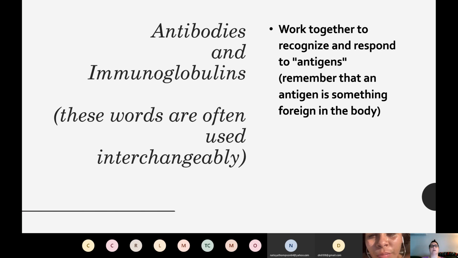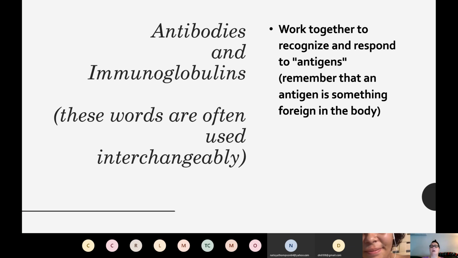When I was a little girl, I never had a great immune system. I had to go get shots, and they were called IgGs, and they stand for immunoglobulin something or another. I don't remember, but it was to help my immune system. So if you see these words, just understand that they mean the same. They are interchangeable. But because of my tongue twistedness, we're going to stick with antibodies, okay?